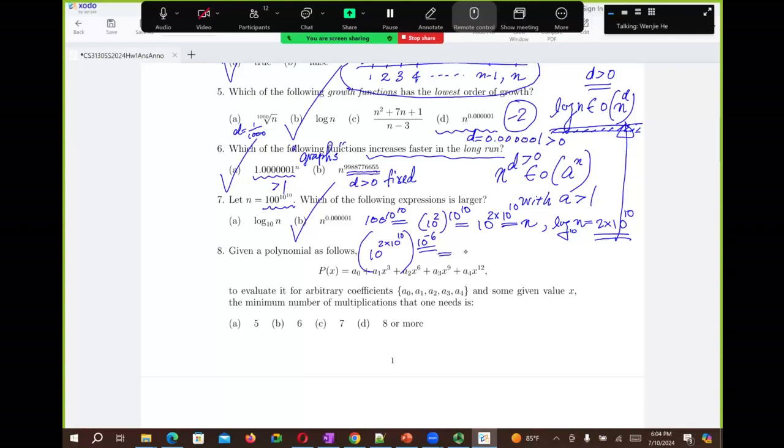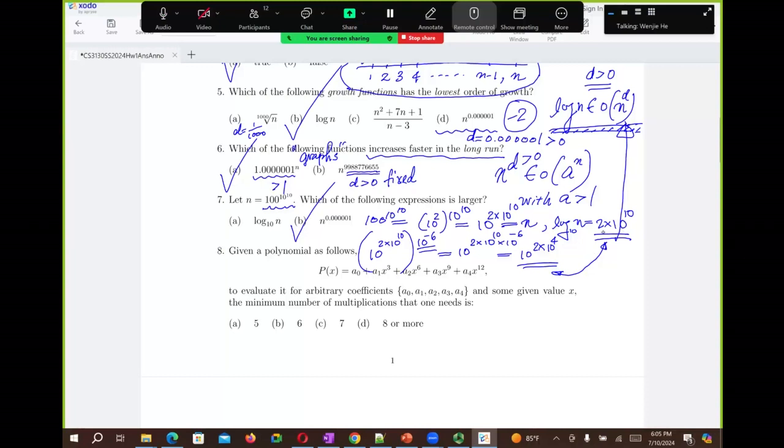By the same algebra property, 10 to the 2 times 10 to the 10th times 10 to the negative 6th. Simplification gives 10 to the 2 times 10 to the 4th. Now let's compare these two numbers.